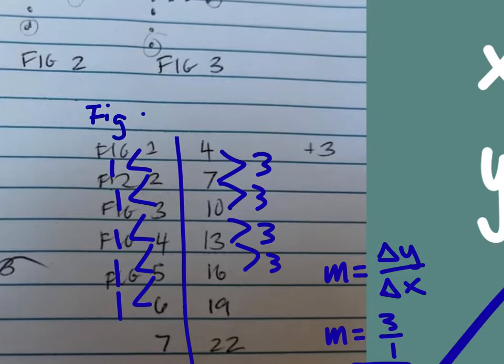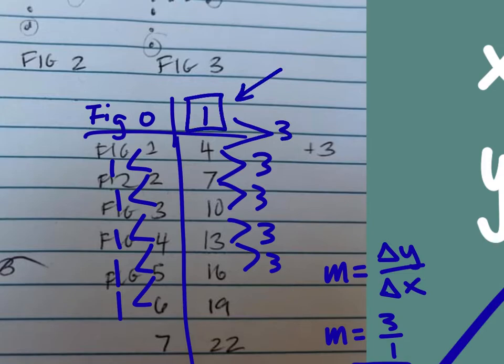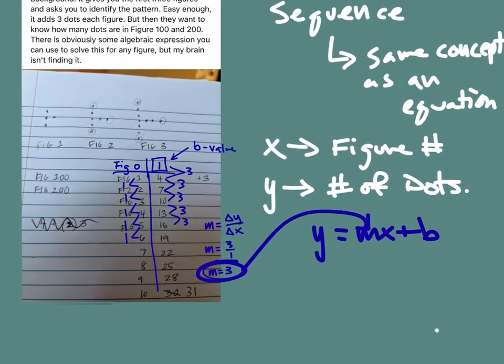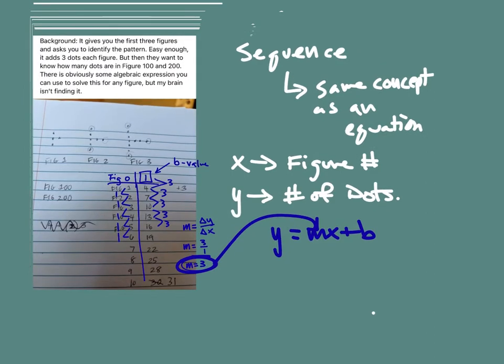If we added 3 going forward as the x values increase, to go backwards we would subtract 3. Going the other way by 3 brings us back to 1, and this is our y-intercept, our b value. So I write out my equation as y equals 3x plus 1. And that's how you get that.